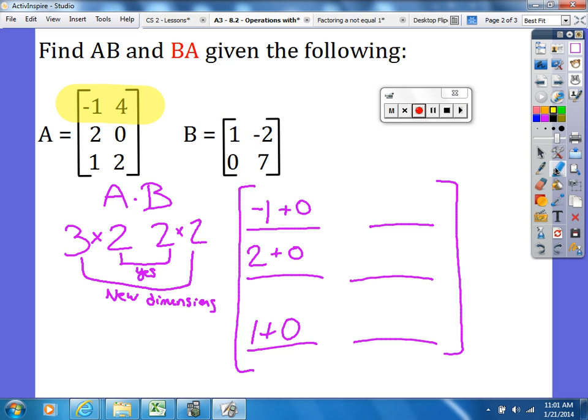So now, what we're going to do is I'm going to erase this highlighter right here. And I'm going to highlight this column. Because I need to fill in this column, right? So we'll start at the top with that row. Negative 1 times negative 2 is 2. 4 times 7 is 28. Everybody see how I came up with those numbers? Okay, keep going. Fill in the last 2 spots for me.